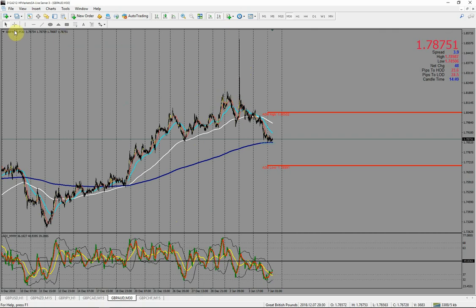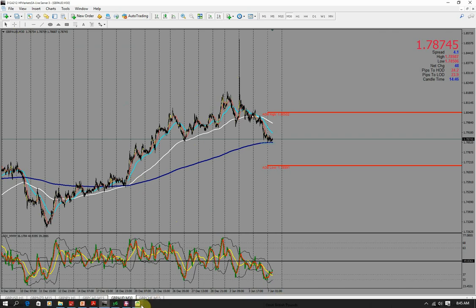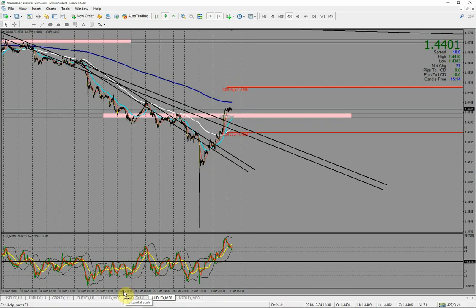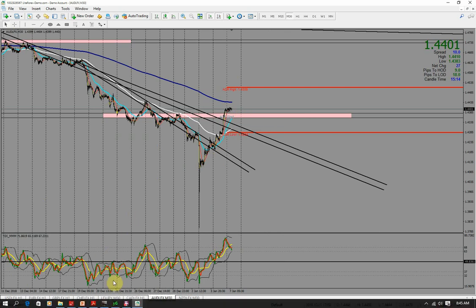Why? Because the Australian dollar is very weak. That is my point. So when you know how to use this, this is fundamentals, ladies and gentlemen, because you look at one thing and it's talking about one thing across the board. So when you look at the Australian dollar like this and you see that it's been bullish like that, let me just go to the Australian dollar profile.